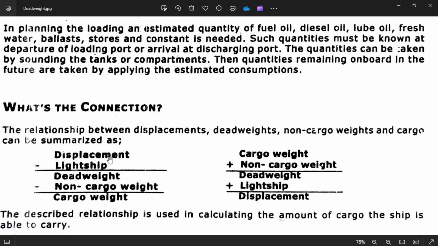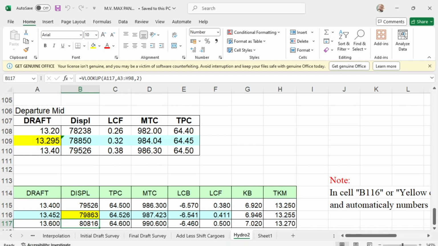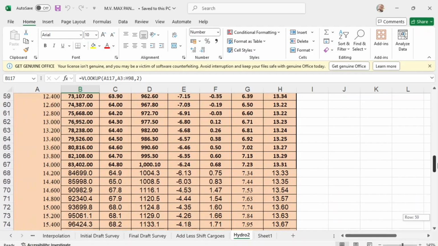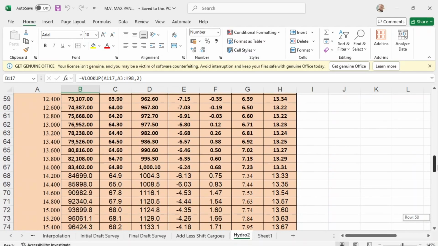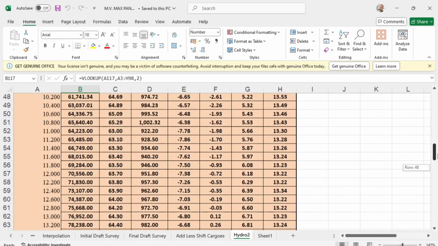Displacement. For example, you have a draft. I'll give you an example of displacement. For example, your draft is 14 meters.